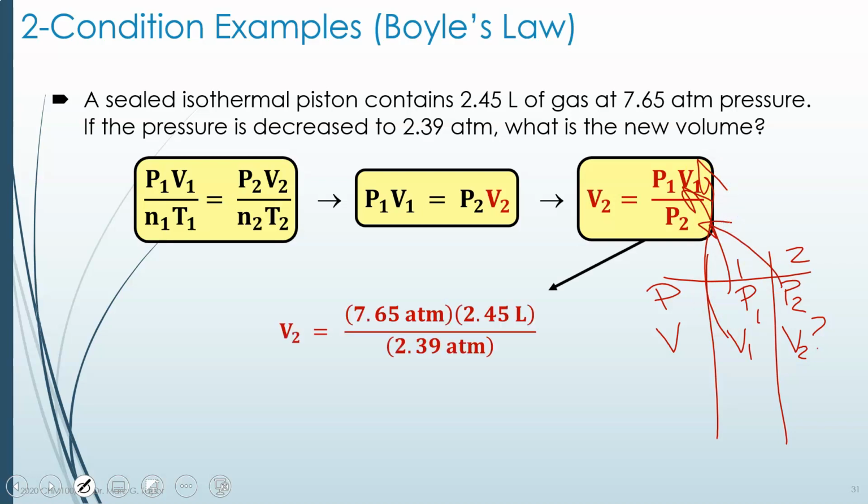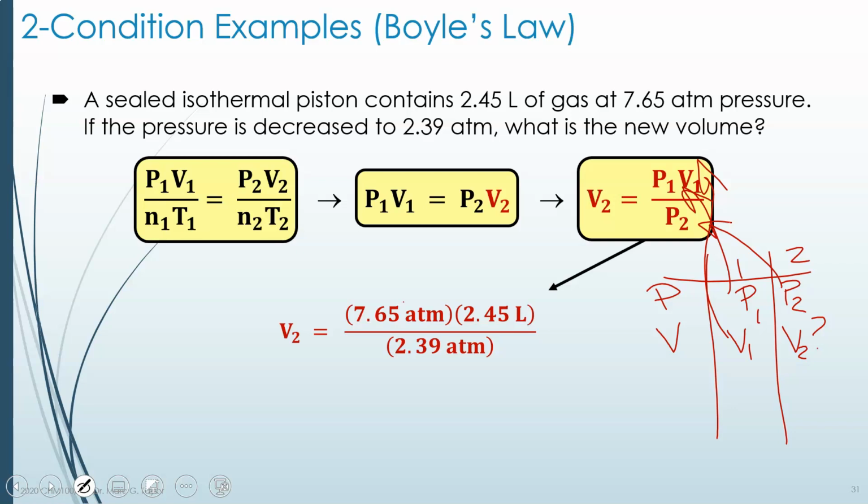So shown here is the equation with the appropriate numbers filled in, and having a table makes it easy to figure out which one's which, because it's very easy to switch a 1 with a 2 when you're putting the numbers into an equation, especially with some of the other gas law formulas.